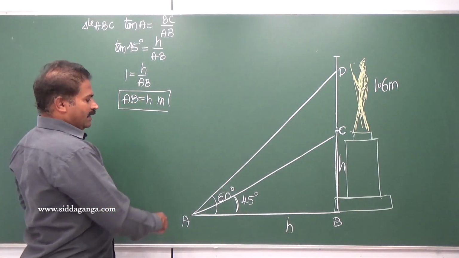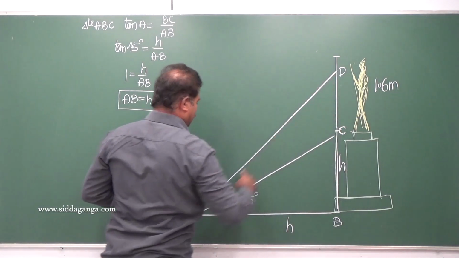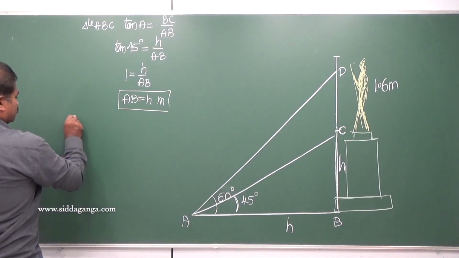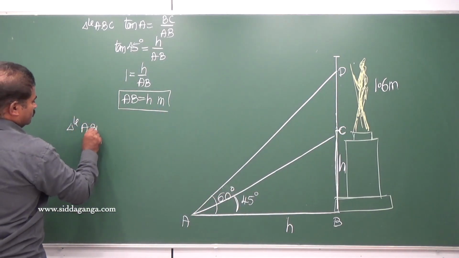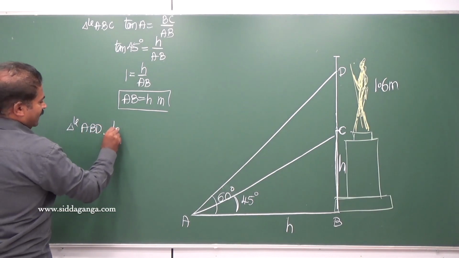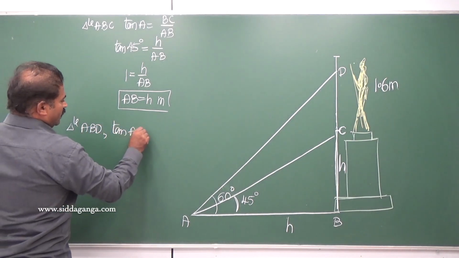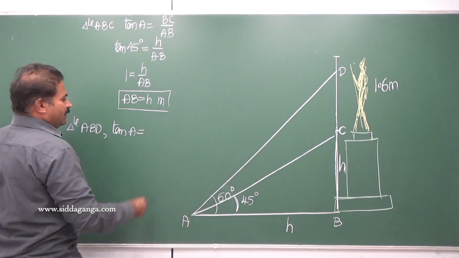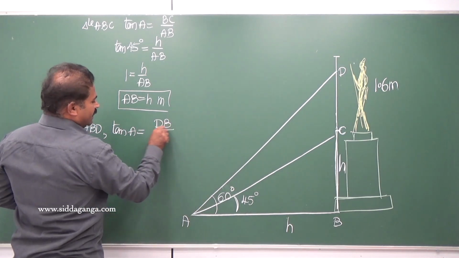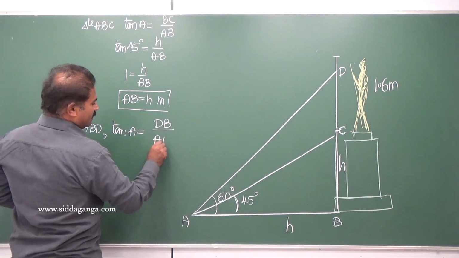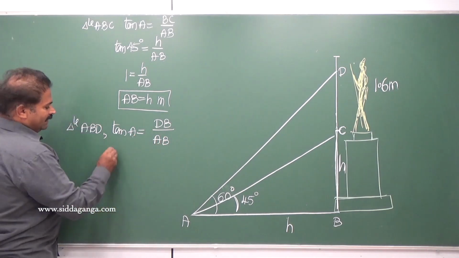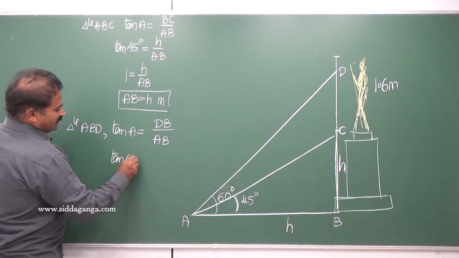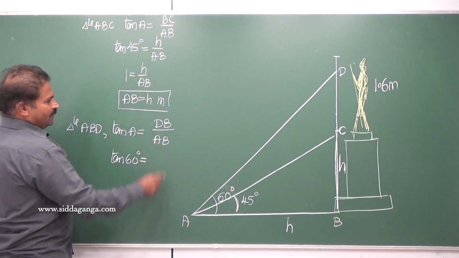Now in the triangle ABD, you have tan A, where the opposite side now is DB, divided by the adjacent side AB. So what is tan A? It is tan 60. So tan 60 degree is equal to, what is DB?